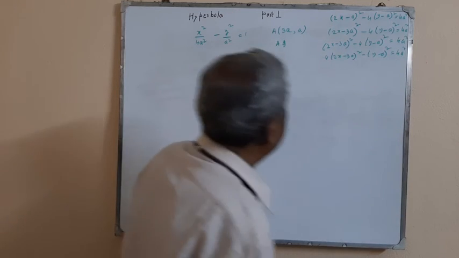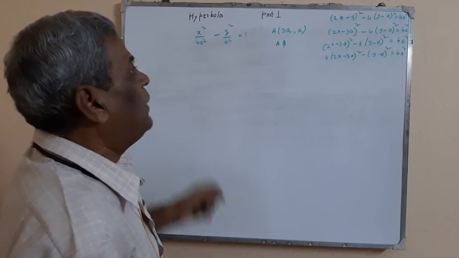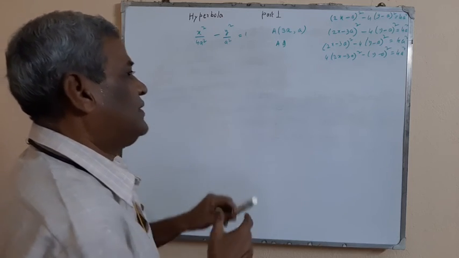So let us see what is the problem. Once again, equation of hyperbola is given and Q is any point on it.